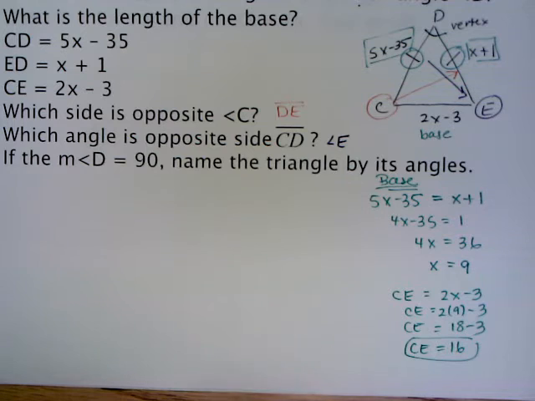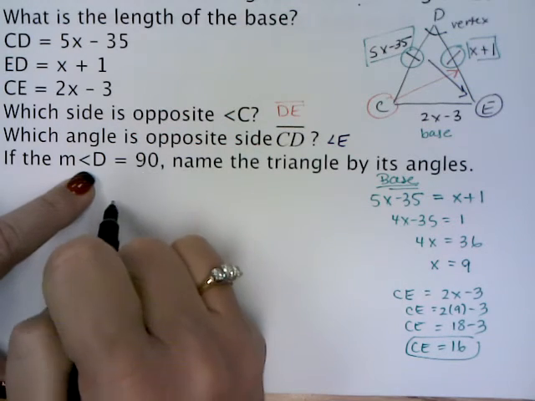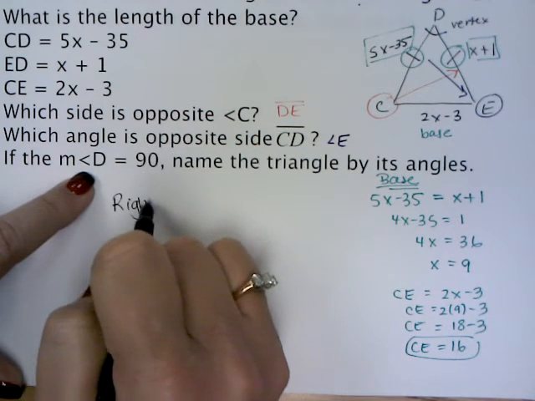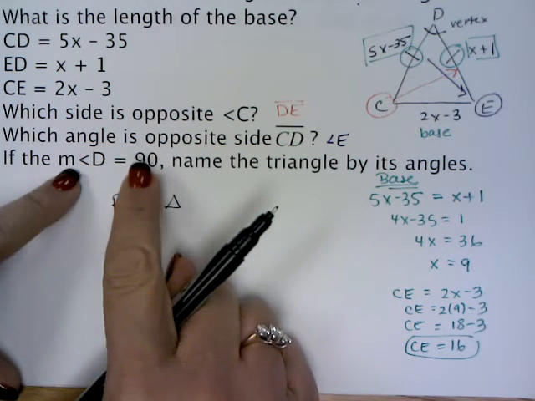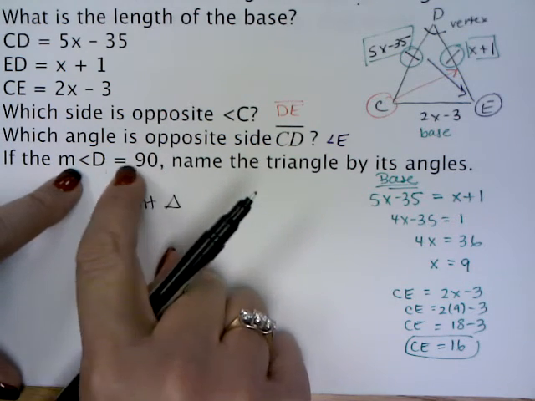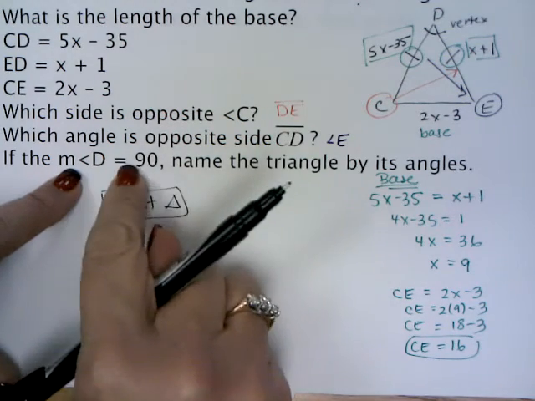Now it says the measure of angle D is 90. So if D is 90, name it by its angles. Well, it has to be a right triangle, one 90-degree angle. Be careful with that because sometimes on the test, it's just changing this right here. It might say angle D is less than 90.